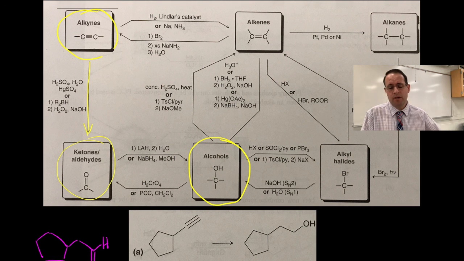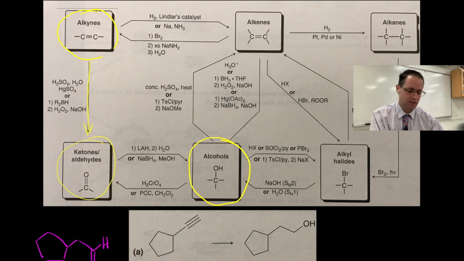Whenever you're doing synthesis problems, you want to count the carbons and see if there's a change. You also want to look at the functional groups. I see 7 carbons in the starting material and 7 carbons in the product, so since there's no change in carbon count, I don't need to worry about introducing new carbon-carbon bonds.